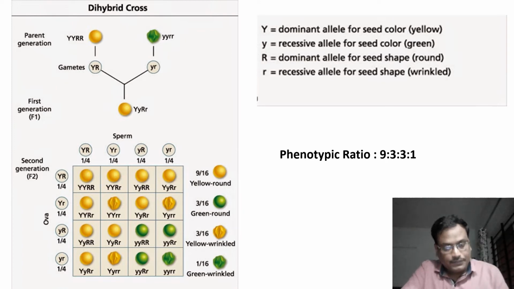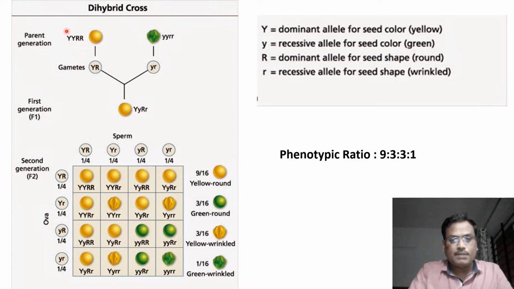With this picture, say this is the parent, capital Y, capital Y, capital R, capital R. Y represents the gene for coloration and R represents the gene for shape. So capital Y represents yellow color and capital R represents round shape, whereas small y represents green color and small r represents wrinkled shape of the seed. Since these two parents are pure line, homozygous, for each character there are two alleles.